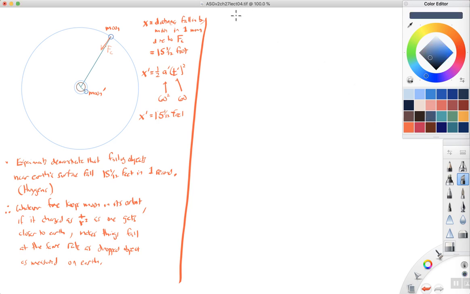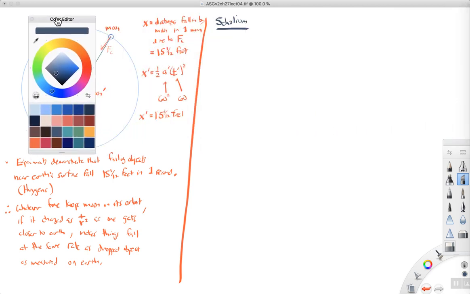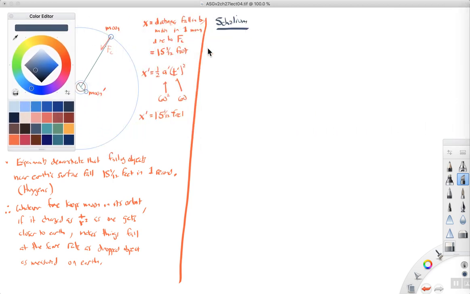This probably takes a couple times of going through to understand the significance of this. So what Newton does is, in the very next page, he provides a scholium, which attempts to present this in a slightly different way. So let's spend a minute going through this scholium. He says, let's consider it this way. This is another way of understanding this.